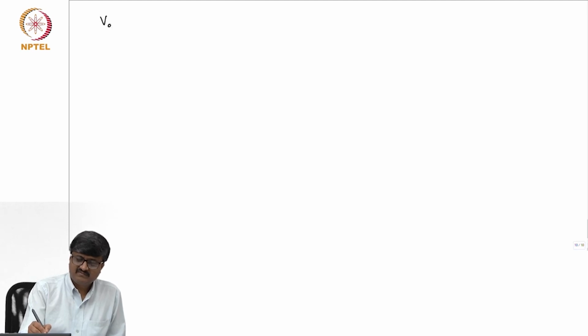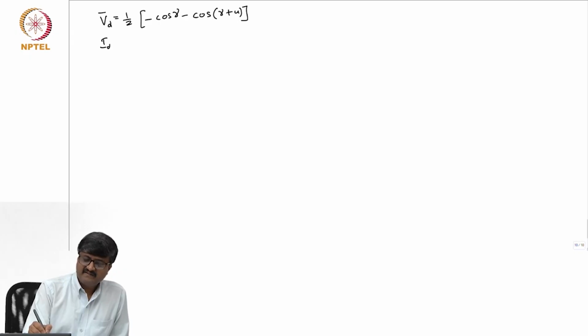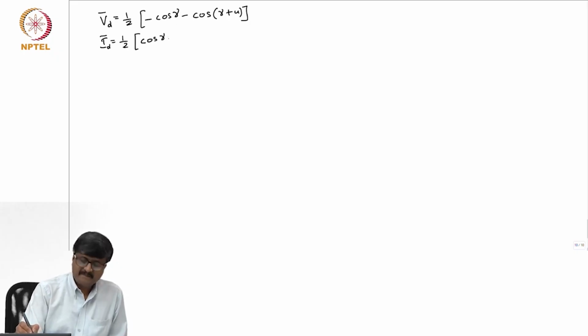I have VD equal to half into minus cos gamma minus cos gamma plus, and ID equal to half cos gamma minus cos gamma plus.